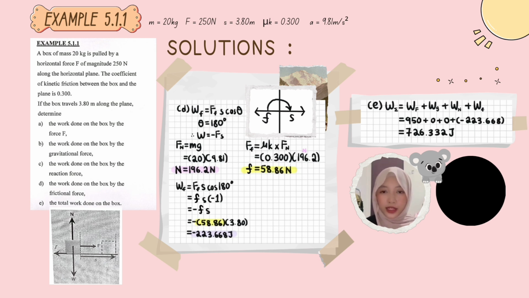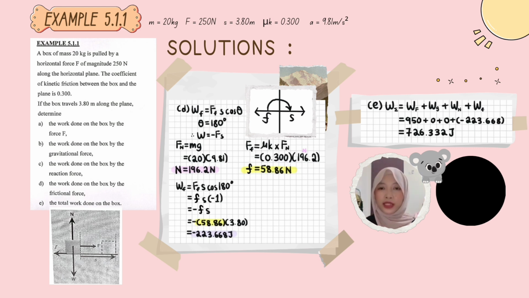From the diagram given, the angle between F and s is 180 degrees, so theta is 180 degrees. From the formula W equals Fs cos theta, where cos theta equals -1, the new formula is W equals negative Fs.